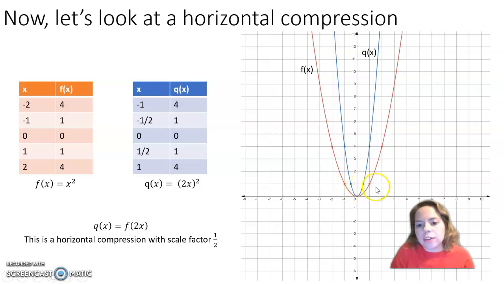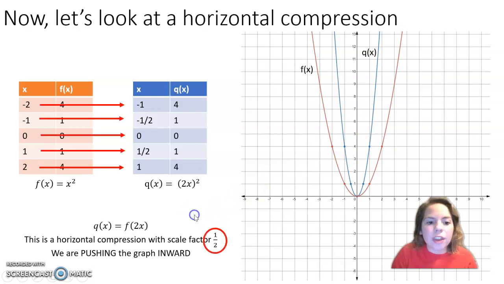Or if I'm going on the other side, this point that was at 1, 1 goes to 1/2, 1. Or the point that was at 2, 4 goes then to 1, 4. So you're actually noticing here that the x values are all 1/2 of what they originally were. So even though here our k value is 2, the scale factor is actually considered to be 1/2, because look at those x values, they're all half of what they originally were.